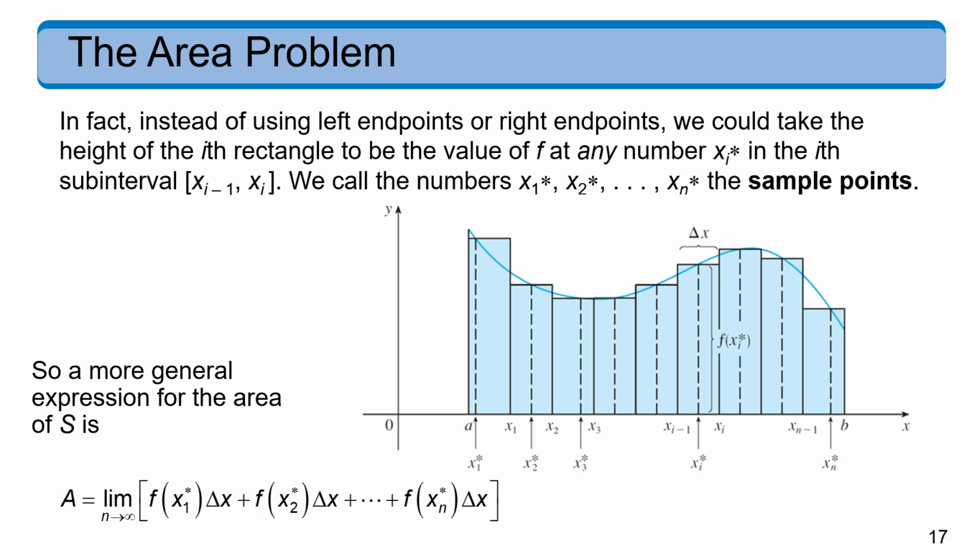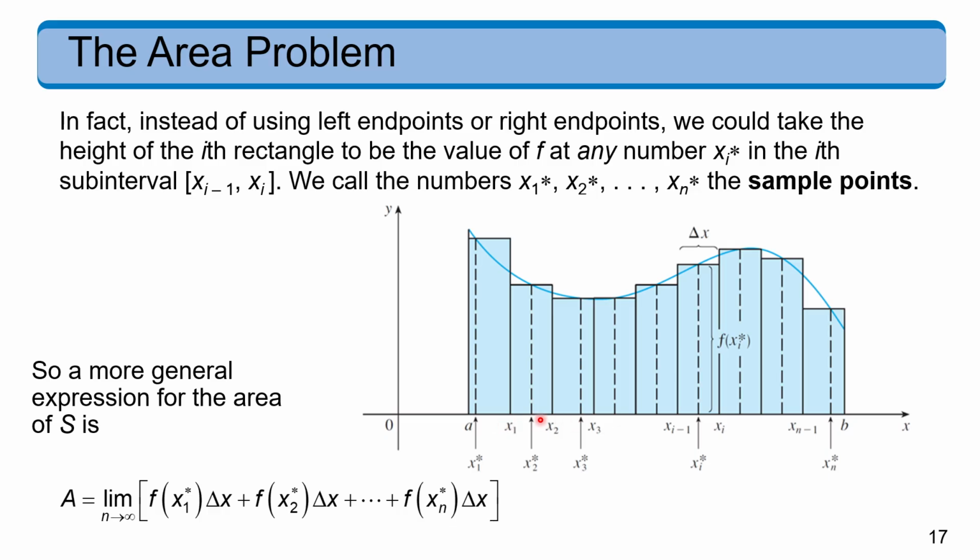So what we do is, in each subinterval, you choose any point you want between the left and right endpoints, and you call it a name like this. So for the first subinterval, the position we chose is right here, and the name of it is x1 star. And that's called a sample point from the first subinterval.